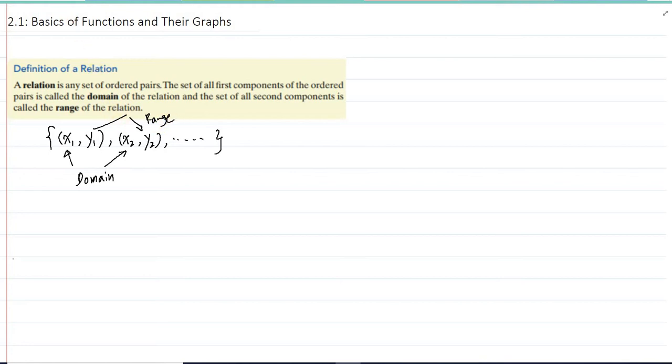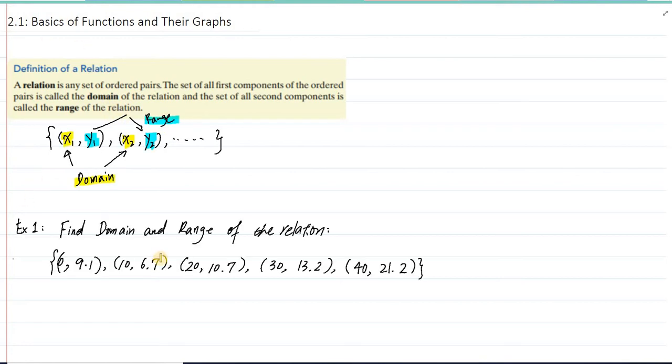Okay, so let's take a look at example 1. Find the domain and the range of the relation. We have this set: (0, 9.1), (10, 6.7), (20, 10.7), (30, 13.2), and (40, 21.2). So what is the domain? This is really straightforward.